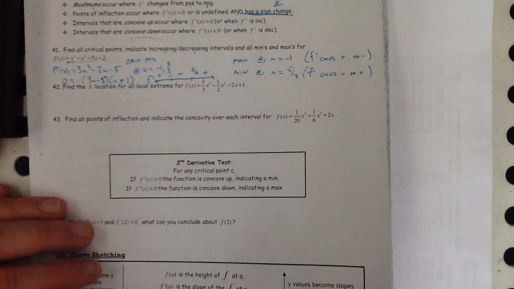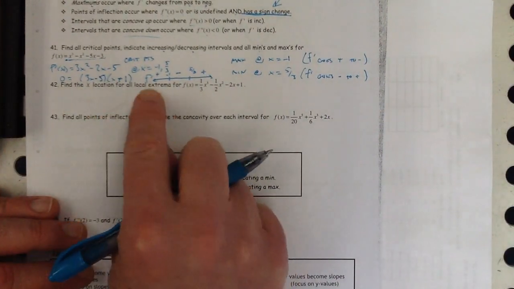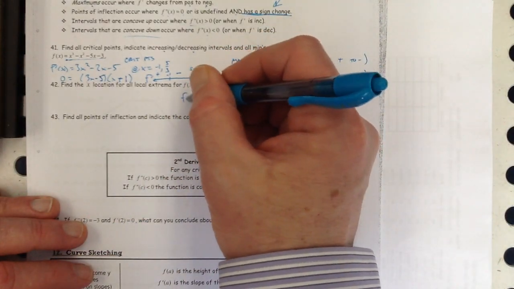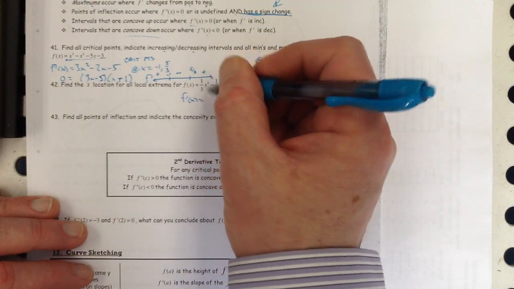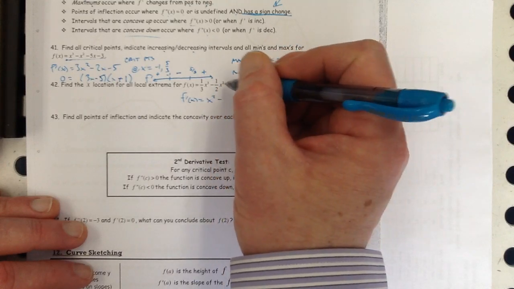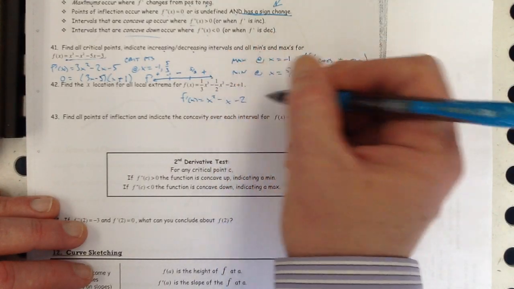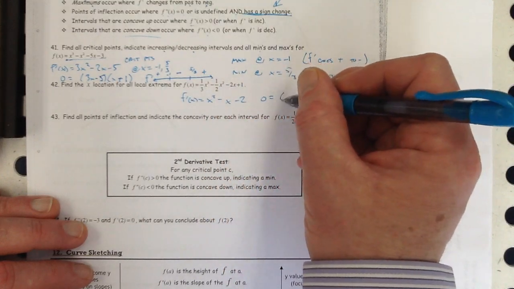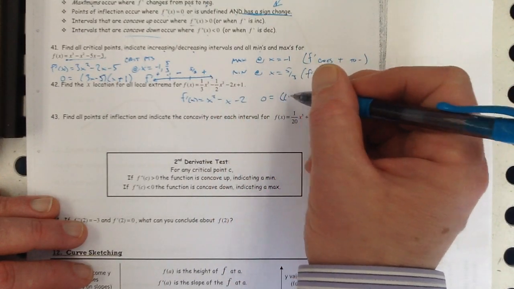All right. Find the x location for all local extrema for this. Same game. It's x squared minus x minus 2. Let's set that equal to 0. And I'm going to factor it. Oops.